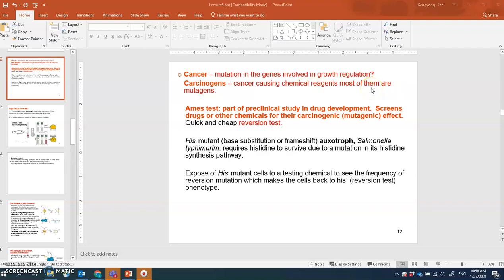Most of the carcinogens are strong mutagens as well, so carcinogens and mutagens are kind of similar. You may wonder what kinds of chemicals are considered carcinogens and mutagens. We should know those so we can avoid them and not develop cancer in our system.